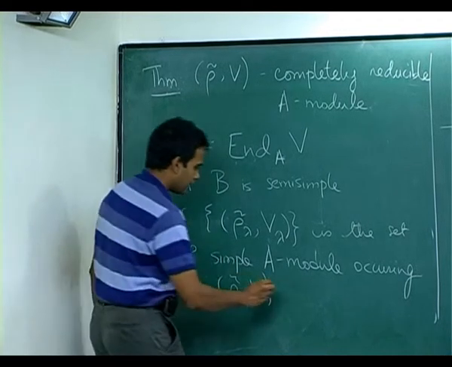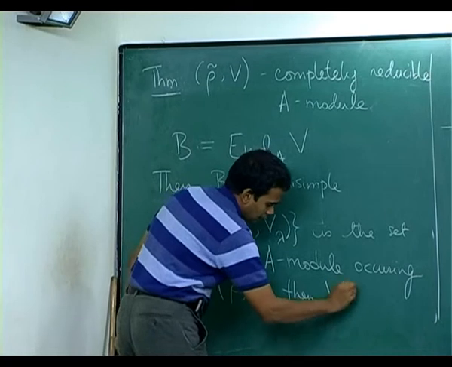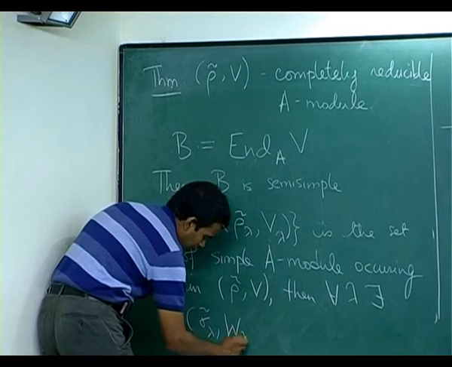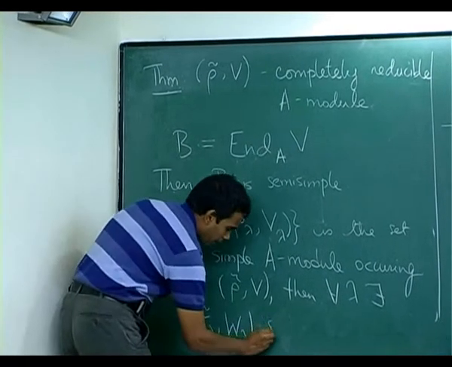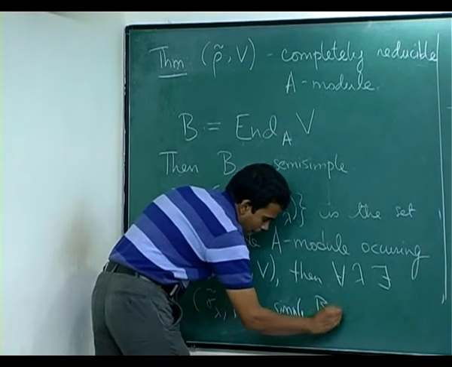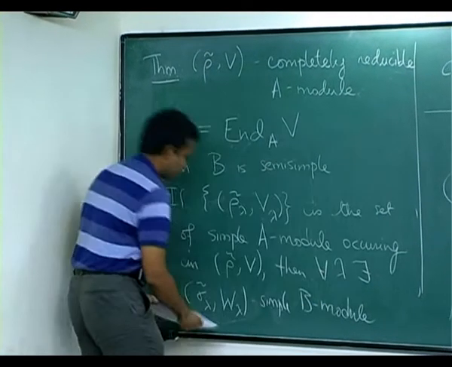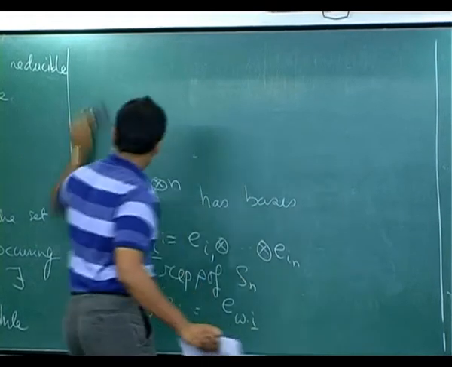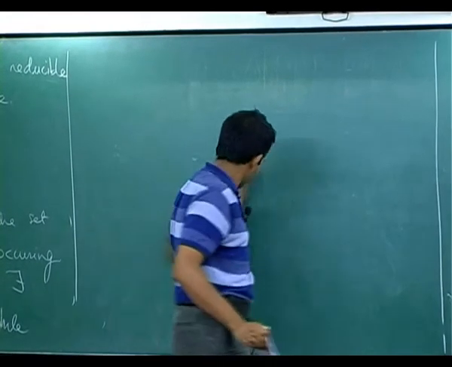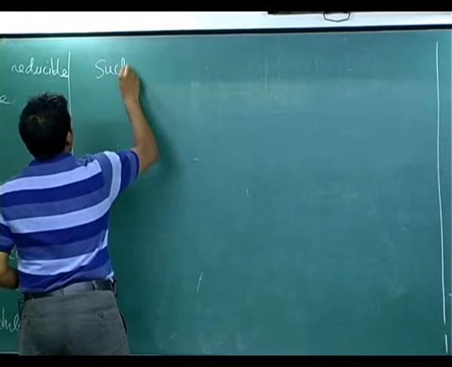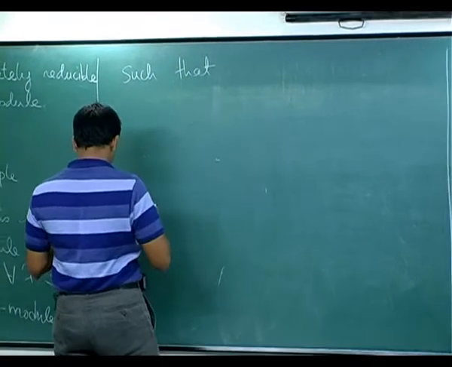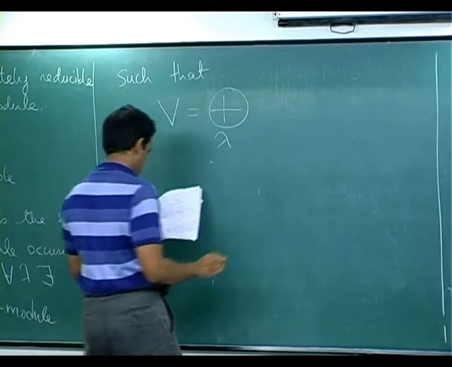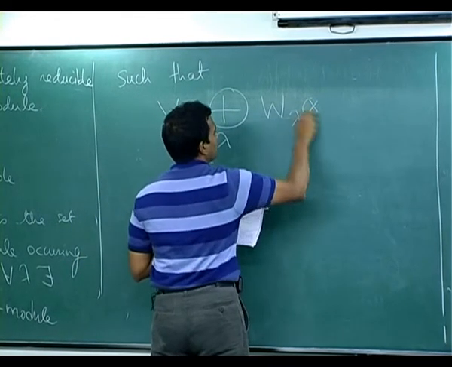Then for every lambda there exists sigma tilde lambda, W lambda, a simple B module, such that V breaks up into a direct sum over lambda of W lambda tensor V lambda.